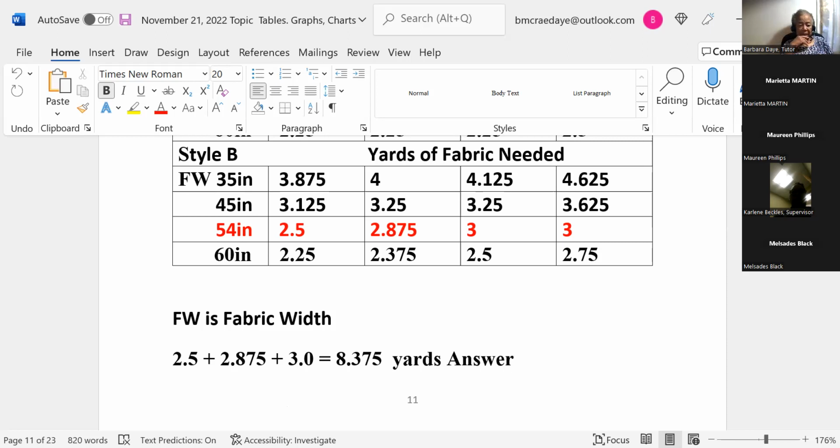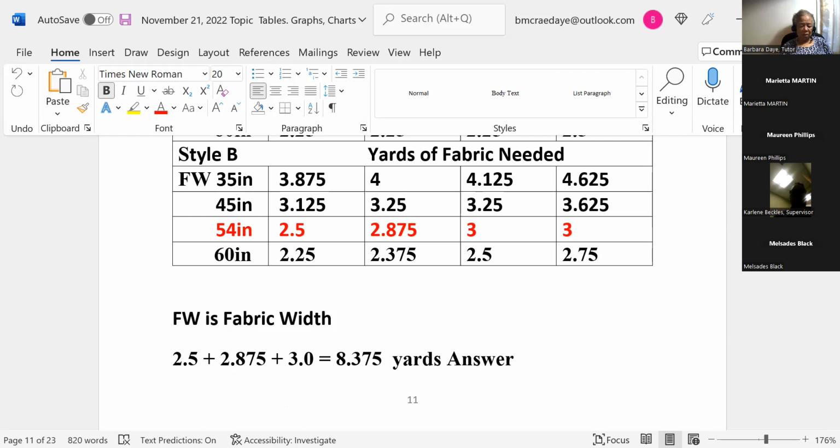What Mercedes got is correct. So Maureen, what did you get? Let me do it again. Did you put in the values again? No, do it over. I want to know what you're doing incorrectly. Clear it, put 2.5.